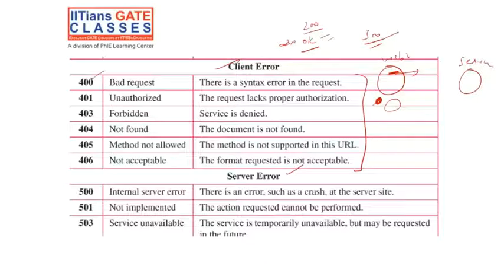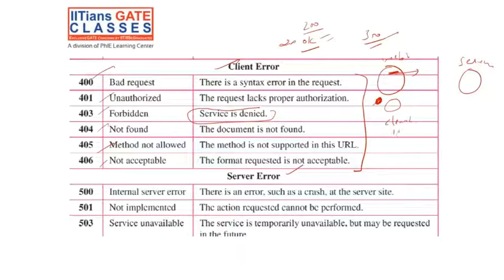Your syntax is wrong in the URL, right? The request lacks proper authorization. Service is denied, your username and password, or maybe service is denied because the internet is not there. Not found: the document is not found, whichever path you are giving is not found. Method not allowed, not acceptable. So these are the restrictions at client level.